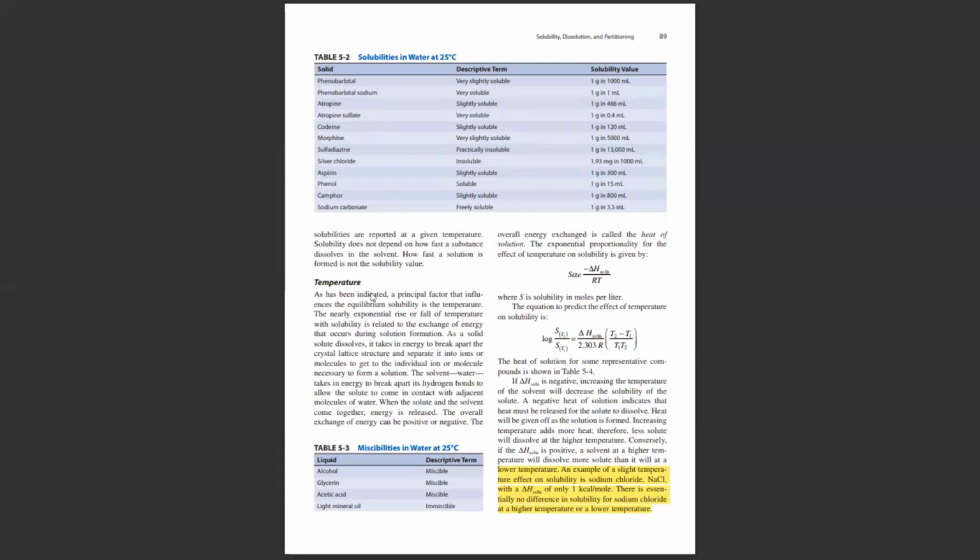Temperature is one of the principal factors that affects solubility, and temperature affects solubility of substances differently. For example, there are some substances where once you raise the temperature, you increase the solubility. And for others, if you raise the temperature, you reduce the solubility, as we'll see.